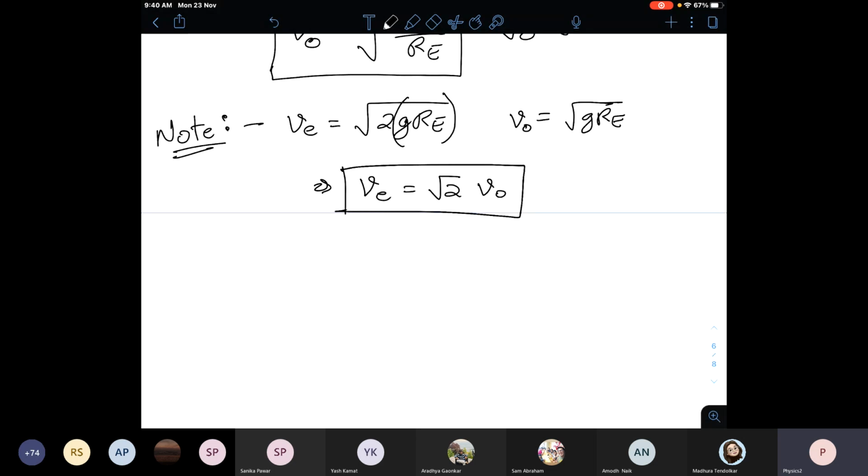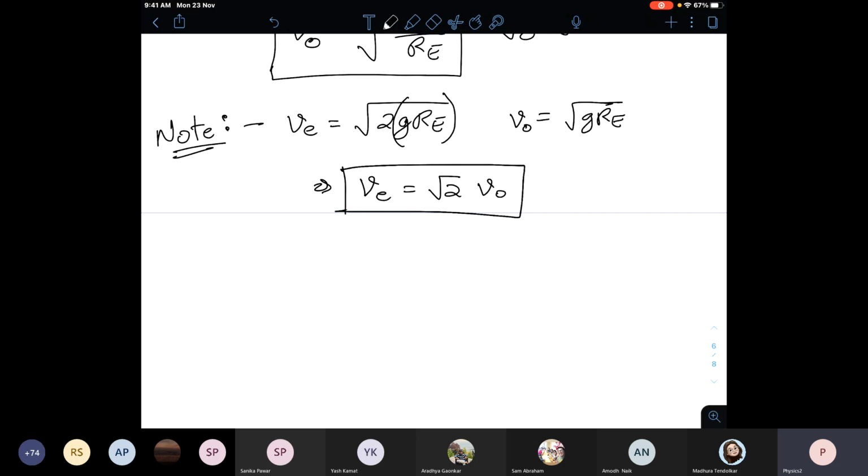The rotational speed of the Earth and of that satellite is the same, or the time period of that satellite is 24 hours. It is very simple. Your Earth completes one circular motion in 24 hours. So if a satellite also completes a circular motion in 24 hours, it will appear to be stationary on Earth.